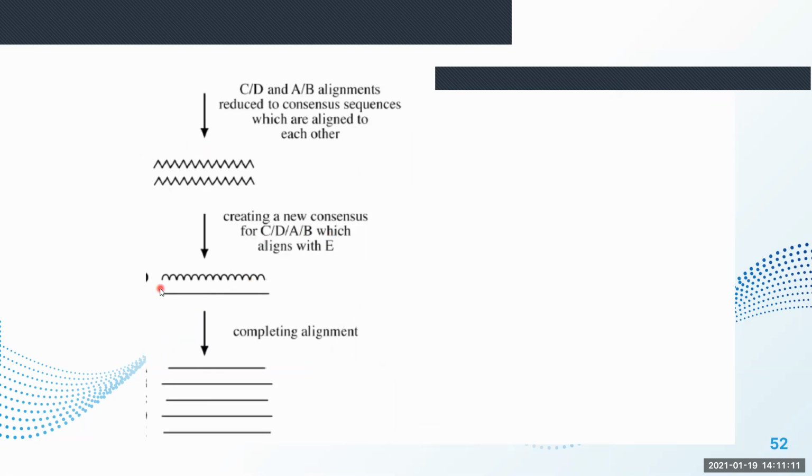Now we have CD AB. Now you align that whole CD AB thing with this sequence E. Finally, you have the final completed alignment. So that's how the algorithm works.